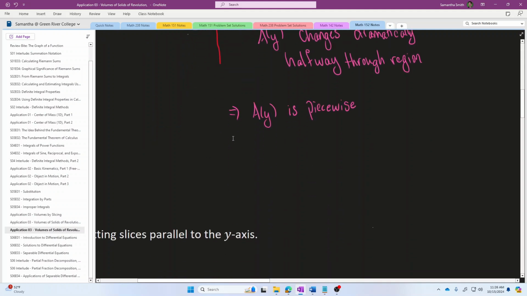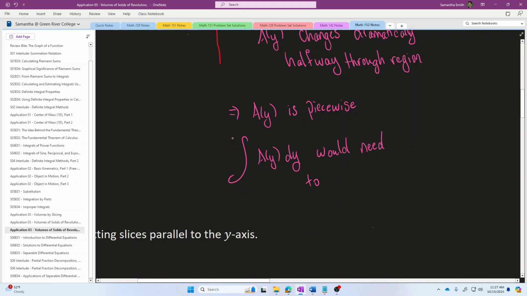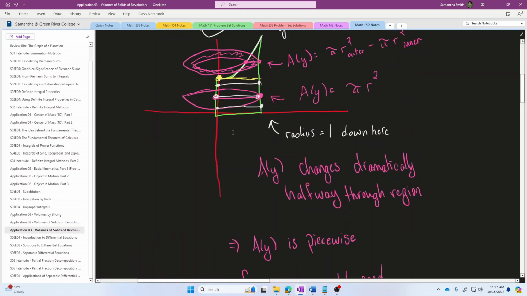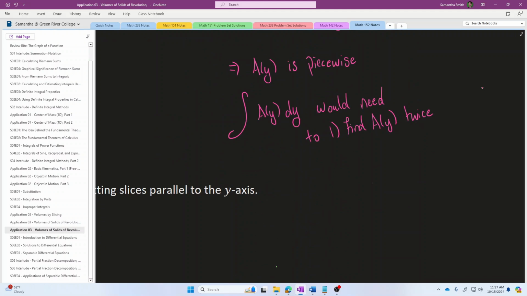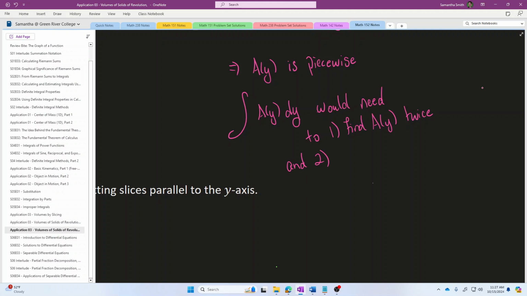And because A of y is piecewise, if you were going to try and find the volume by integrating A of y, you would need to find the area function twice. You would need to find the area function for the bottom of the region. We would need to find the area function again for the top of the region. And then we would need to use the sum rule to split this integral into two pieces and integrate each of those pieces separately.